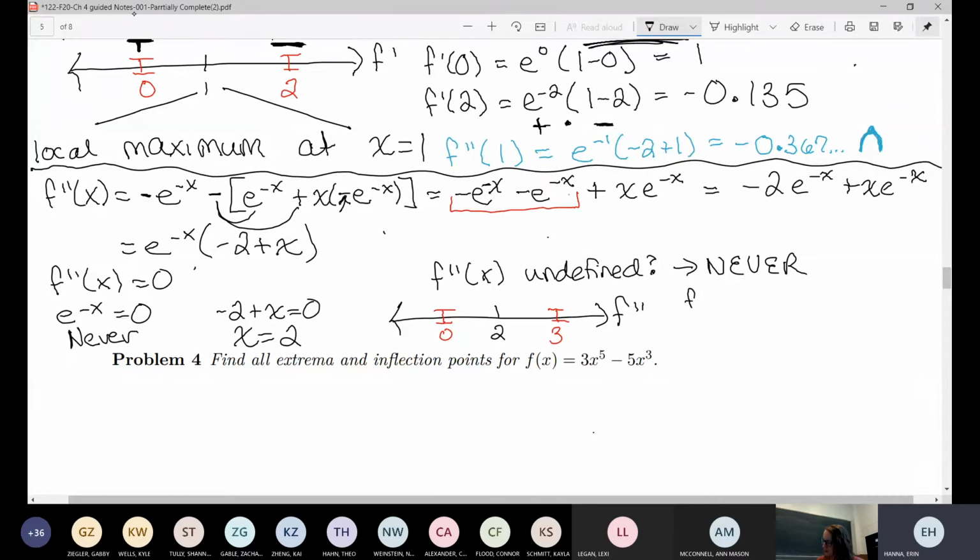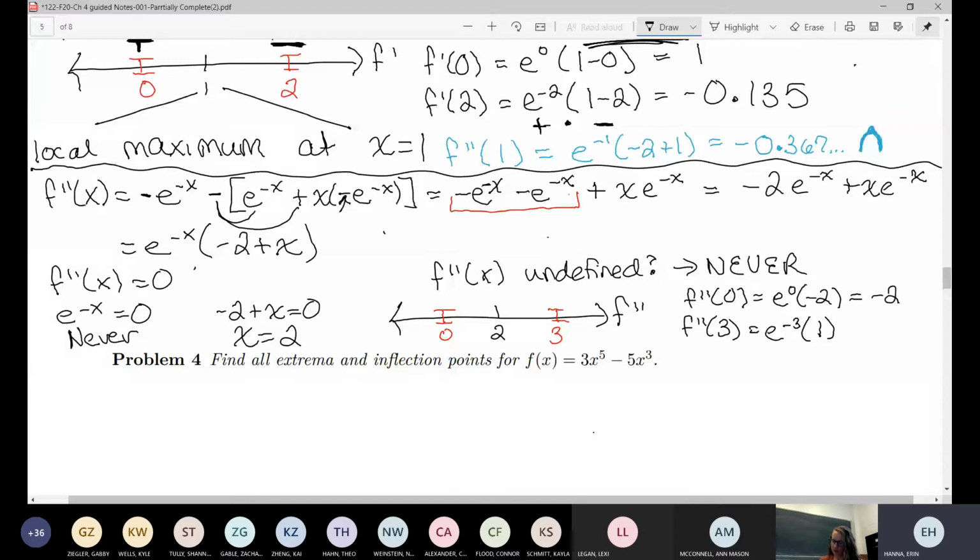So we have to plug in 0 and 3 to the second derivative. We'll get e to the 0 times negative 2, and then e to the negative 3rd times negative 2 plus 3, which will give us 1.